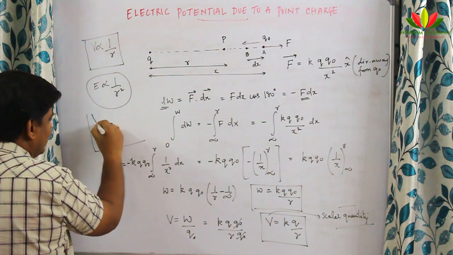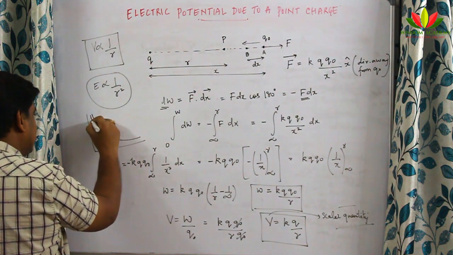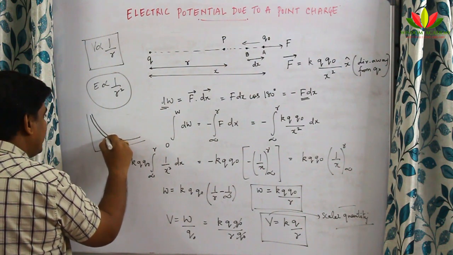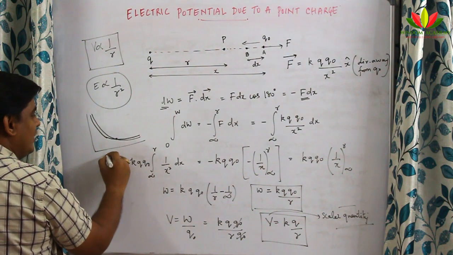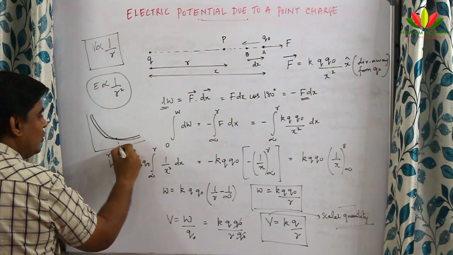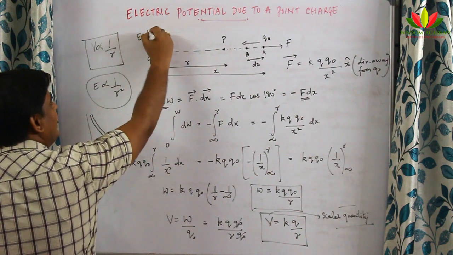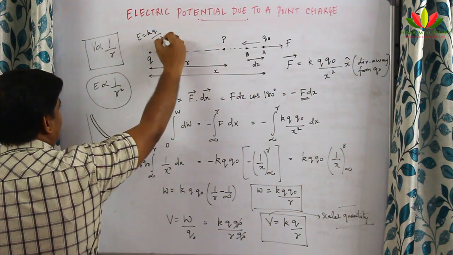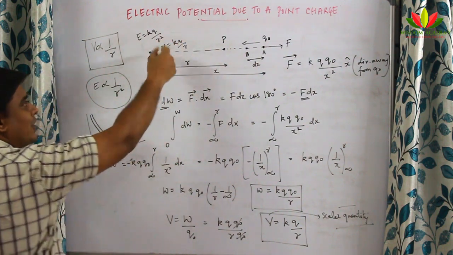If I draw, it will be like this, another thing will be like this, and I'll tell you one thing, that at a particular point they will meet. You know at which point? When r is equal to 1. Don't you think they will be the same? Because see, E was equal to k into q by r square, V is equal to k into q by r. So 1 square and 1 are the same.